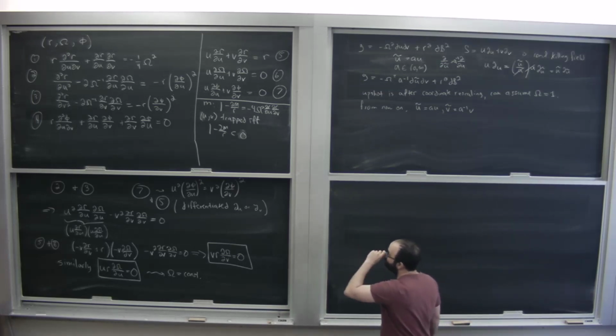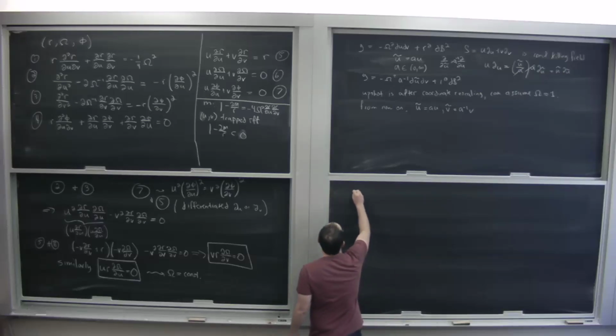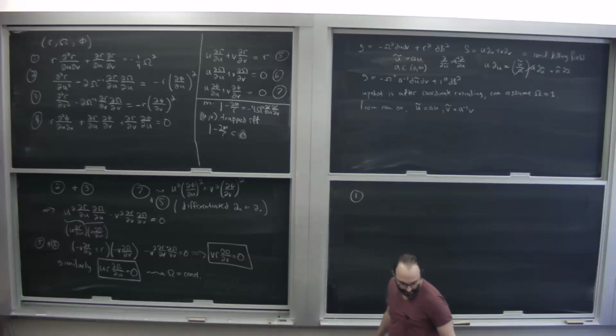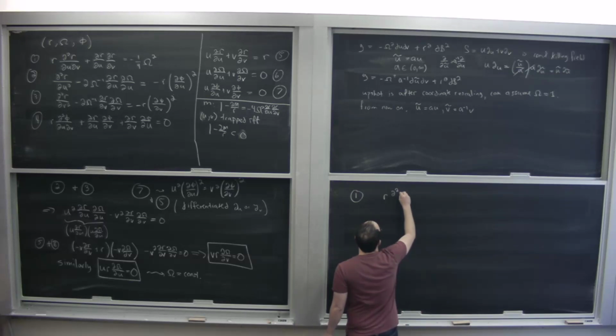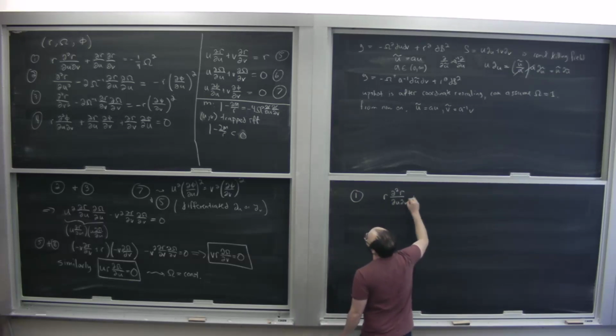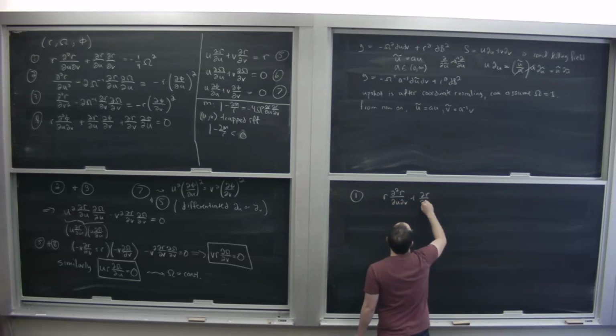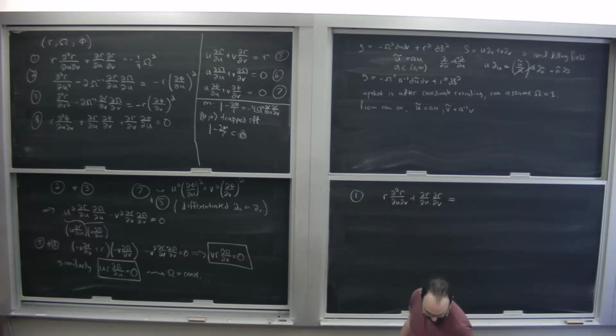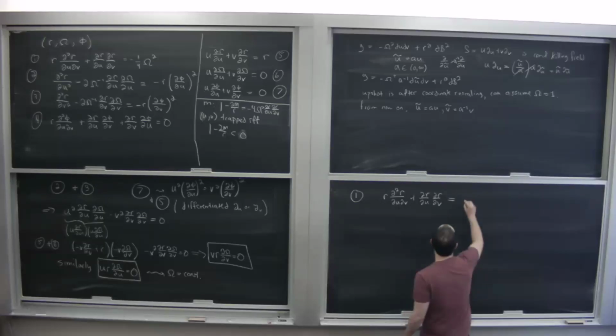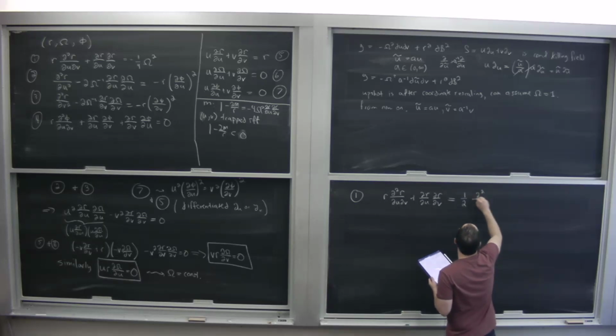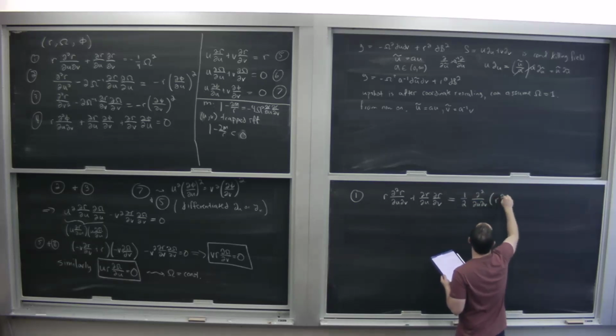Okay, so now let's go to the wave equation for R. And I claim that we can rewrite this the following way. I claim that R d squared R du dv plus dru, and hopefully my notes are right, that this is equal to 1/2 of d du dv r squared.